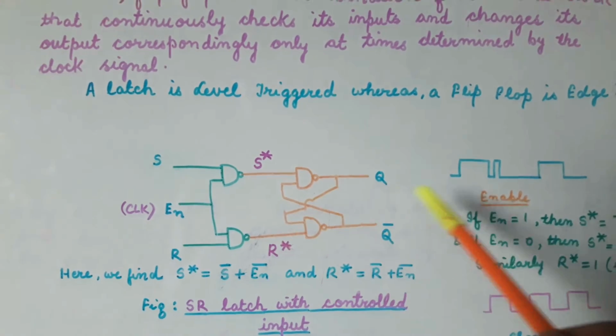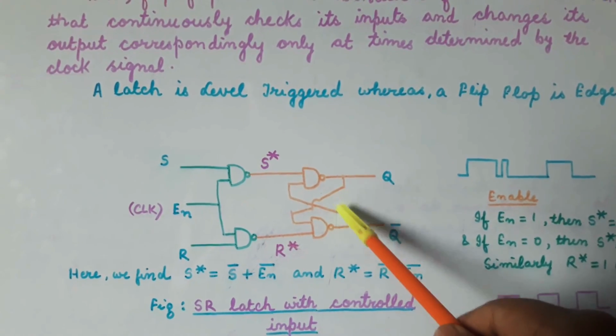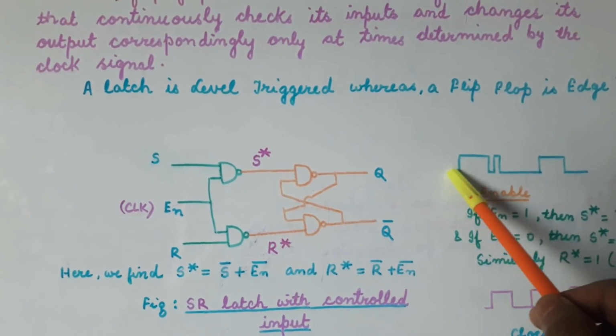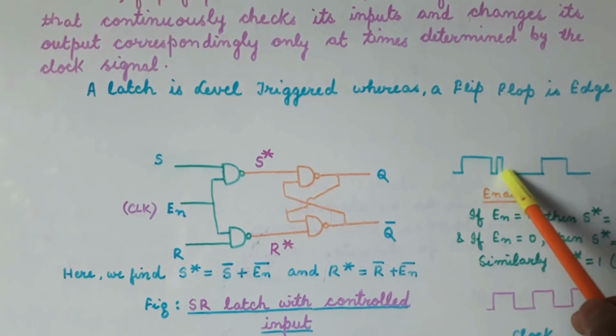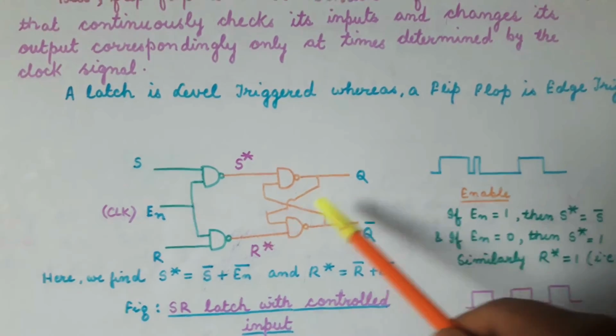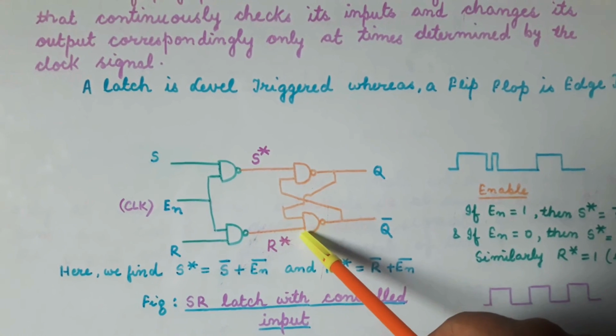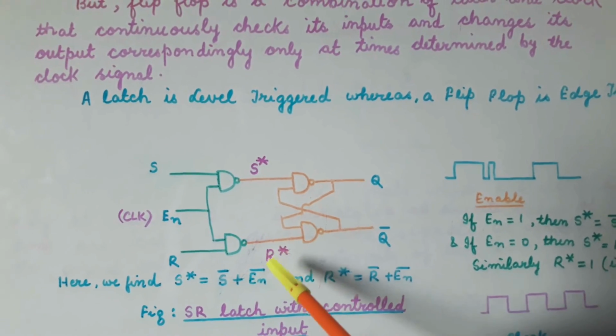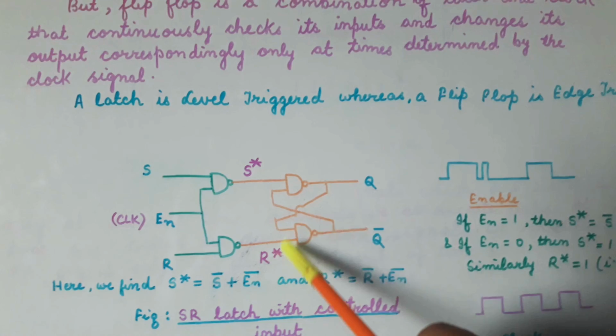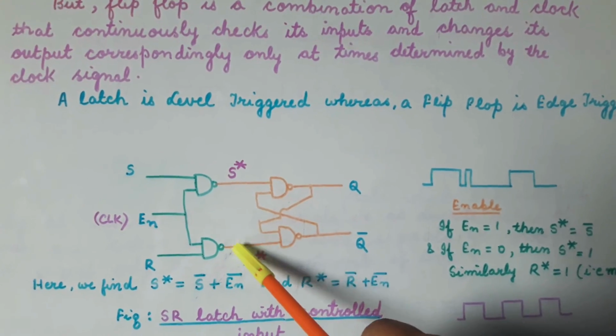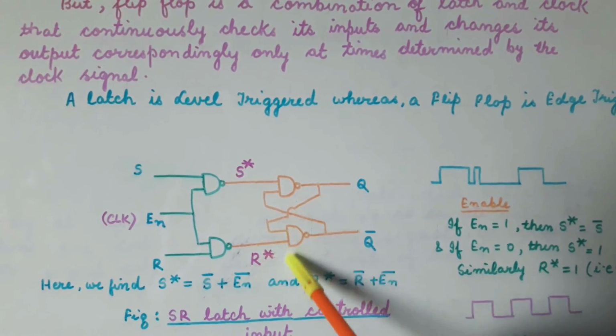And when the enable is low, this circuit will not be operational. That is, when the enable is low for this period, this period, this period and this period, this circuit will not be operational. So whenever there is an enable signal, this circuit will work as a latch.